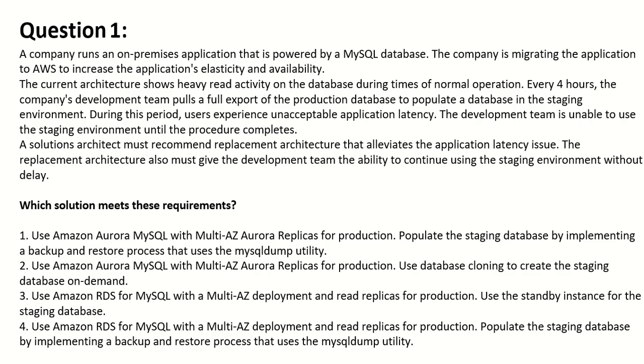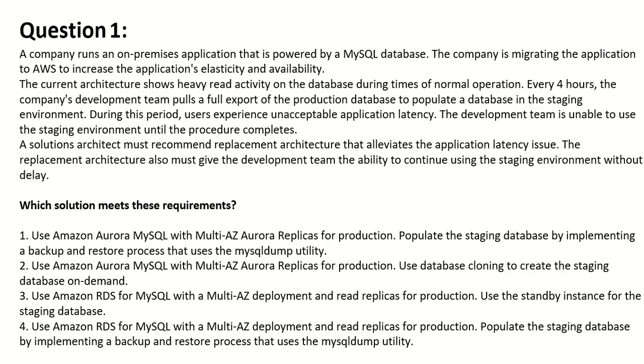Option 3, use Amazon RDS for MySQL with multi-AZ deployment and read replicas for production. Use the standby instance for the staging database. This is option 4: use Amazon RDS for MySQL with multi-AZ deployment and read replicas for production. Populate the staging database by implementing a backup and restore process that uses the MySQL dump utility.